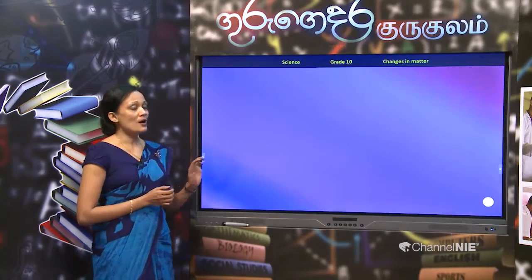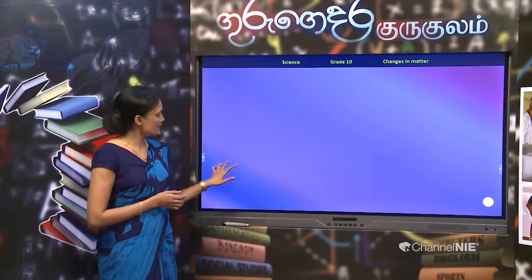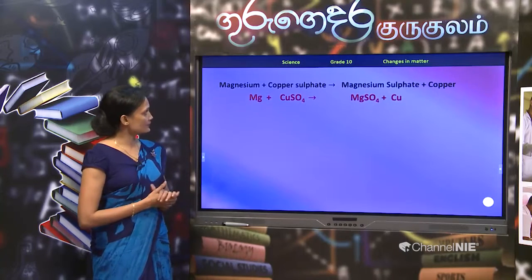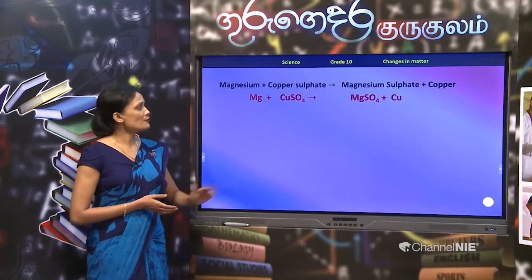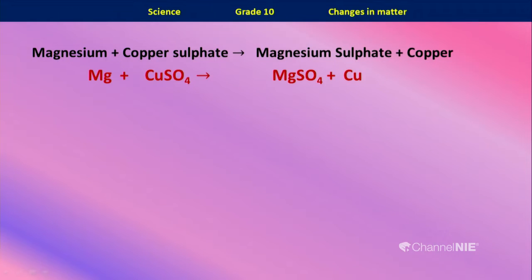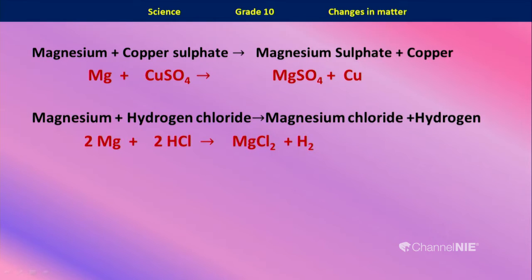Let's see some other examples for this type of chemical reaction. Magnesium reacts with copper sulfate and forms magnesium sulfate and copper. Copper is displaced by magnesium. Look at the next example.